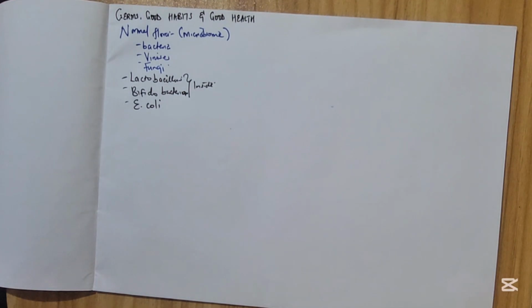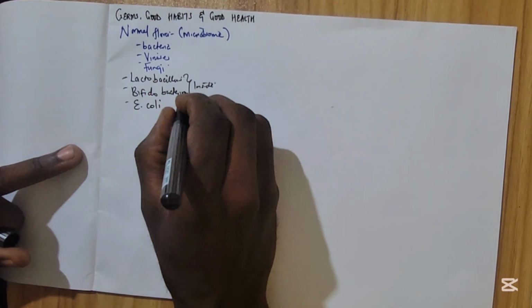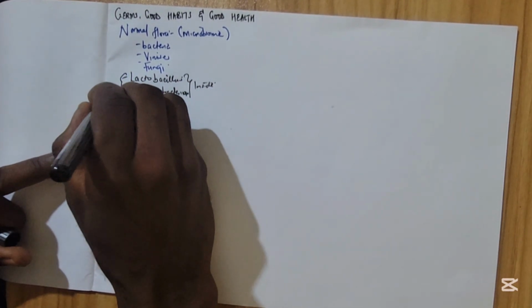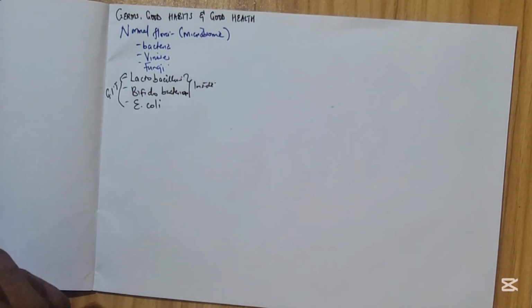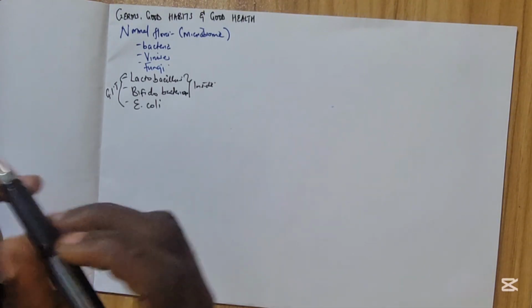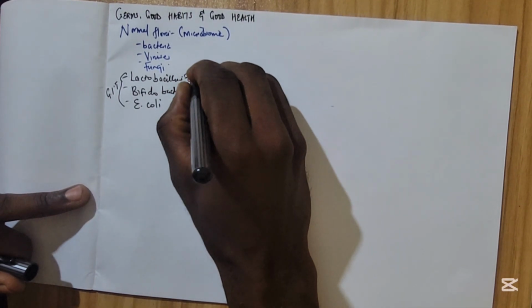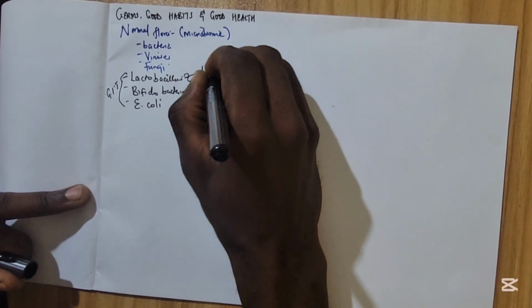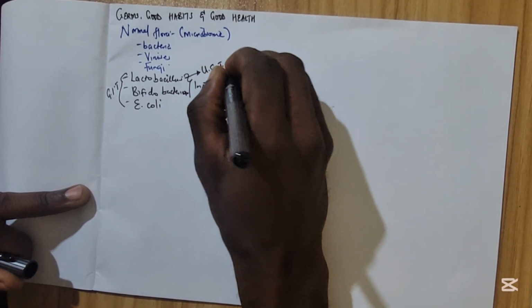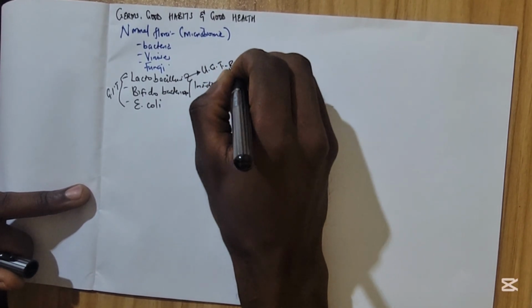When in balance, they maintain our health, except if they are taken out of balance. These ones majorly inhabit our gastrointestinal tract, commonly known as the GIT. And the lactobacillus species also inhabits our urogenital tract or the birth canal.